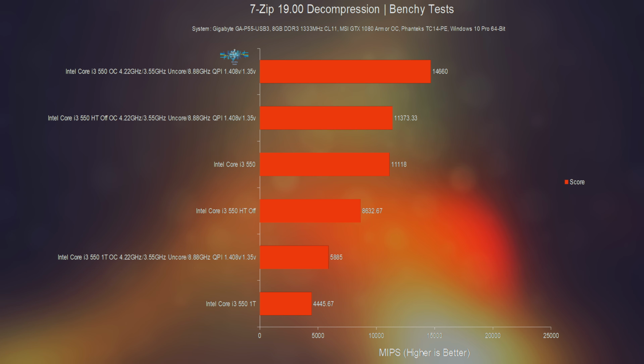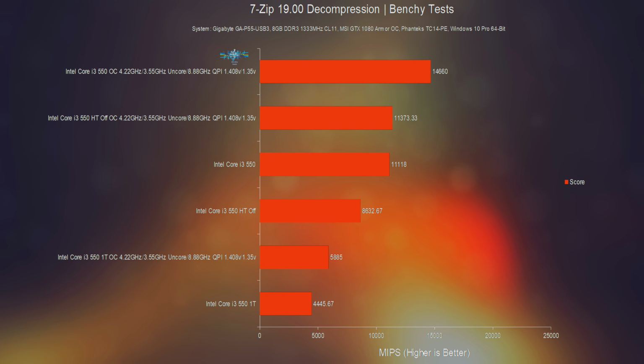Disabling hyperthreading drops the score down by 22.35% to 8,632.67 MIPS, and single-threaded performance drops by a further 48.5% down to 4,445.67 MIPS, which is 60.01% down on the i3 550 with hyperthreading enabled.